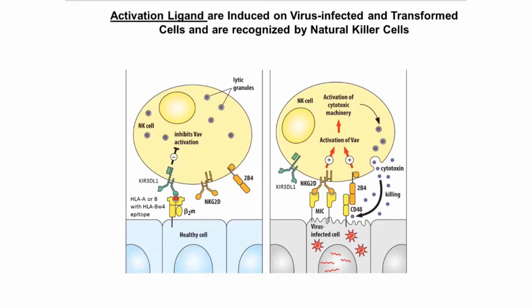There are at least 6 or 7 different activating receptors. A couple of them are named there. You do not need to know the names of these things. They have very bizarre acronyms, and you're not expected to know those. If you wish to memorize them, that's fine with me, but you'll never ever see them again the rest of your life. So it's up to you. You can memorize it or not. But if I were you, I wouldn't.